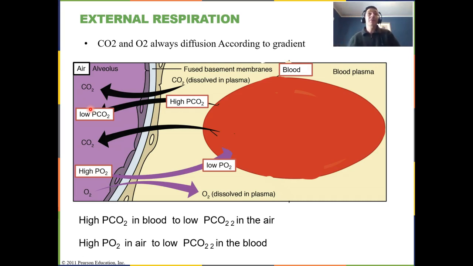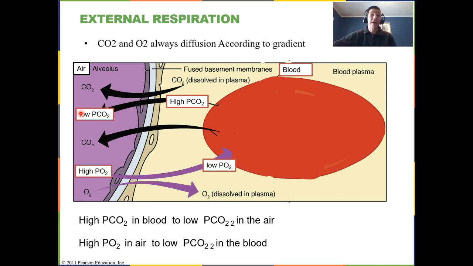If you recall that gases move according to their partial pressure gradients the same way solutes move according to concentration gradients, then it's not too big of a stretch to remember that the partial pressure due to CO2 in the blood in your lungs is going to be higher than the partial pressure due to CO2 in the air in your lungs. That is what allows CO2 to diffuse out of your bloodstream and into the air in your lungs.